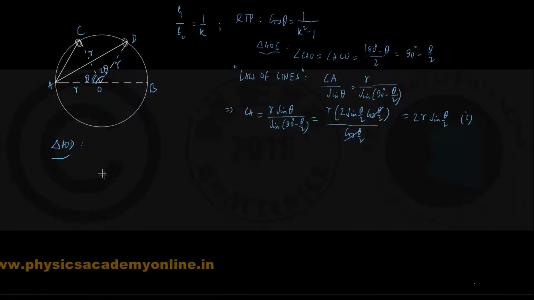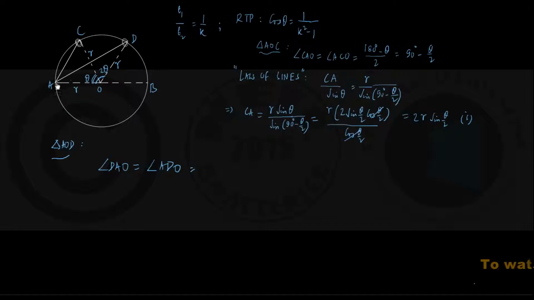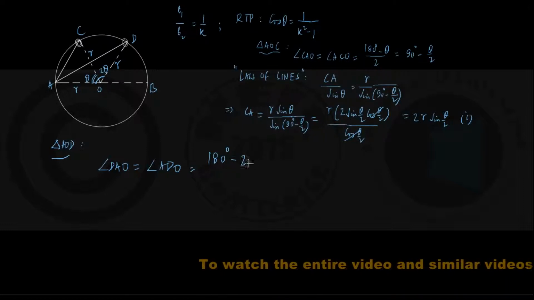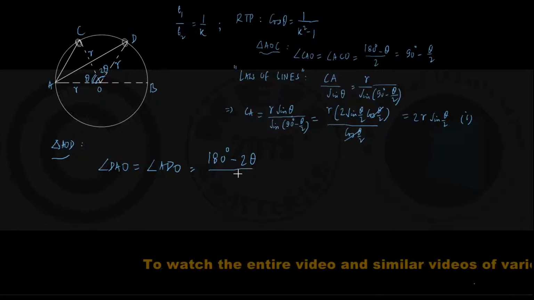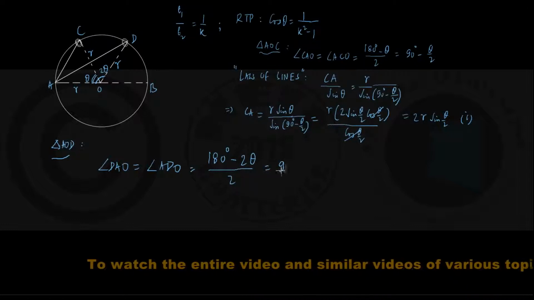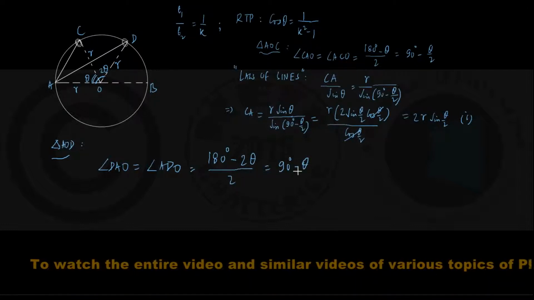Therefore, we might write down that angle DAO must be equal to the angle ADO. You understand, here DAO is this angle, equal to the angle ADO, and each of them should be equal to 180 degrees, all three angles together. One of the angles AOD is twice theta, so 180 minus 2 theta divided by 2. This is coming out to be 90 degree minus theta.